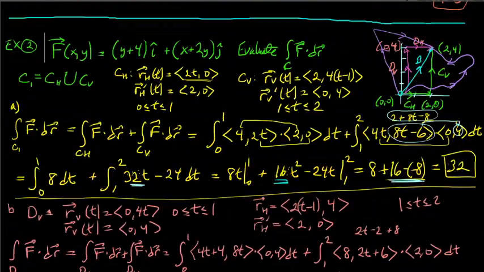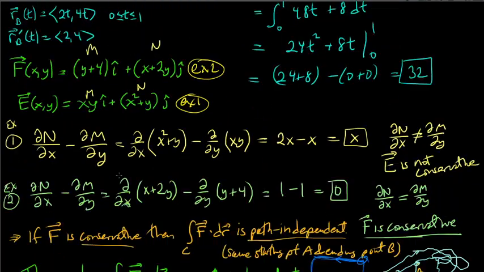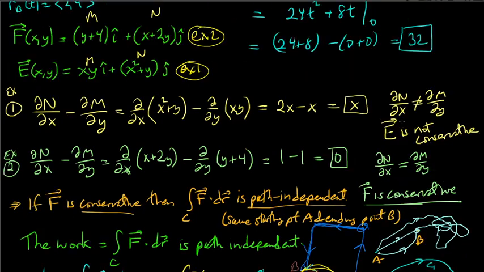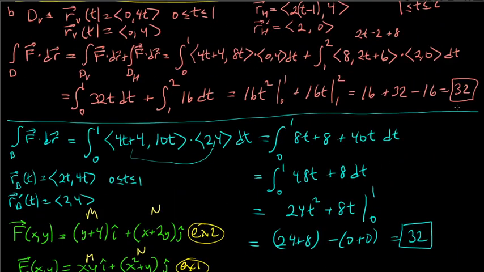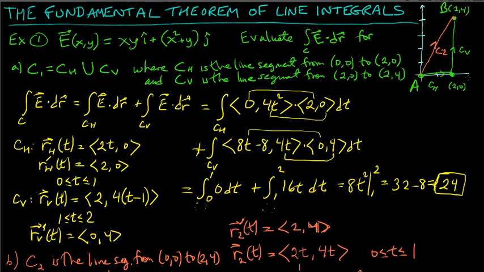Okay, so let's make all this official. Oh, before we move on, of course, the vector field E we said was not conservative, and so the work done does depend on the path. We did a different amount of work going from (0, 0) to (2, 0) and then up to (2, 4) than going straight from point A to point B. Again, that's not going to happen for work against gravity.